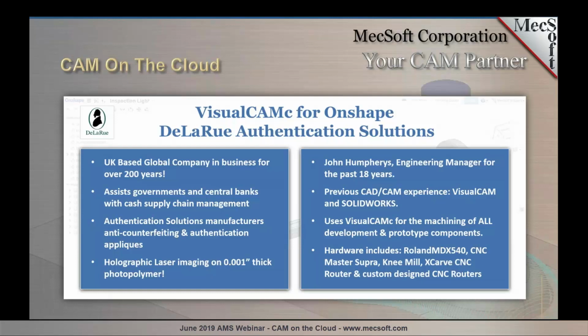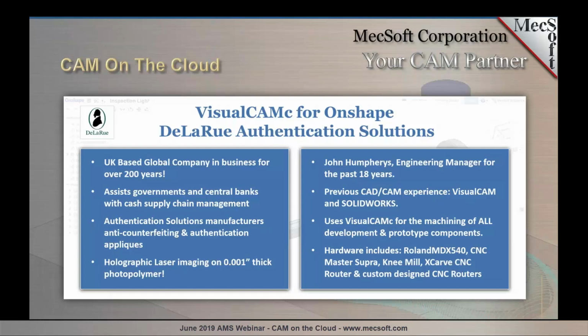And in the last 2 years, John moved over to Onshape. He liked the Onshape model, the fact that you don't have to have any IT people. His big comment was that he doesn't have to have anybody come in and do updates or manage the software or do anything of that nature.